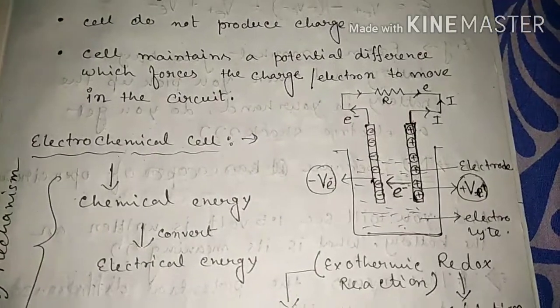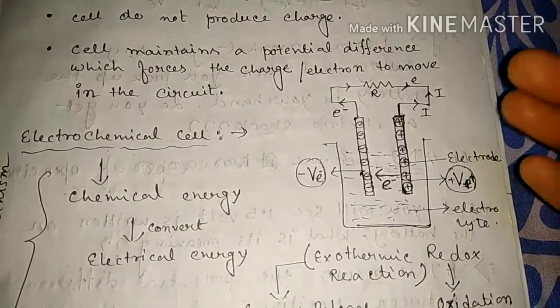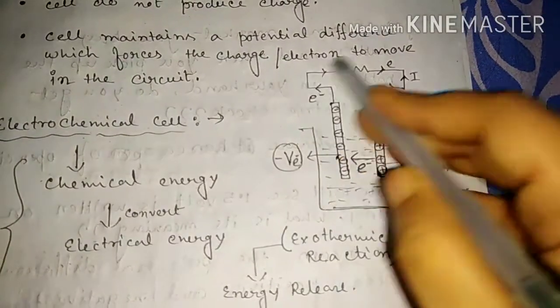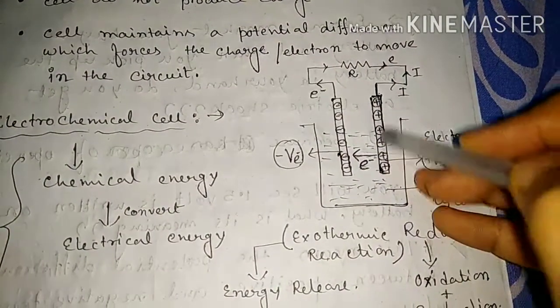When electrons move through the external circuit, they come to this positive electrode.